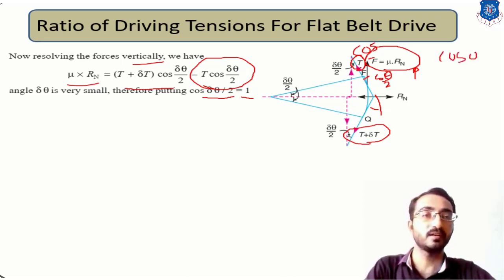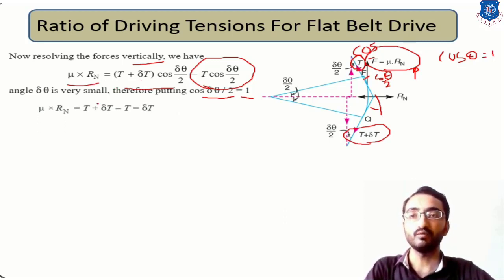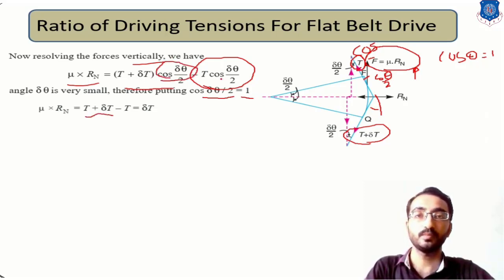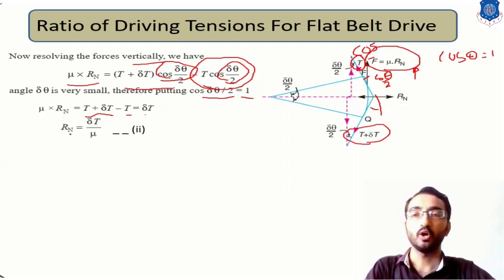By putting this value in the equation, mu Rn will be equal to (T plus delta T) replaced with 1, and similarly with 1 over here, minus T. So T and minus T cancel. You have the final equation, mu Rn is equal to delta T, or Rn is equal to delta T by mu. That is your equation number 2.